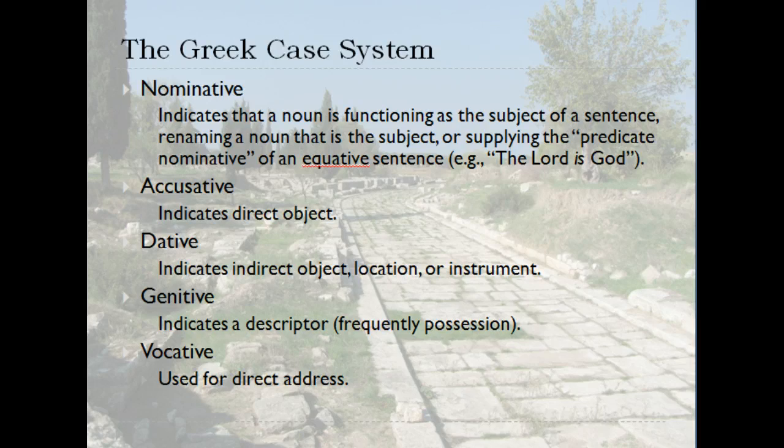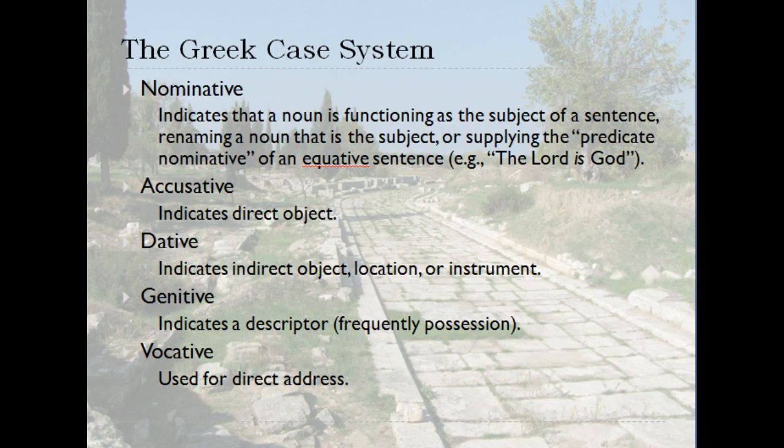Finally, there is the vocative case. This is vestigial in Hellenistic Greek. There are very few special forms by this period for vocatives. Very often this function is absorbed by the nominative case, but it's still treated across the board as an independent case, and the vocative case is used for direct address.